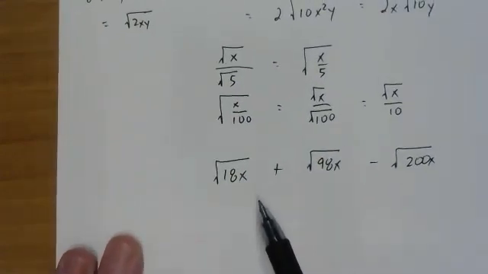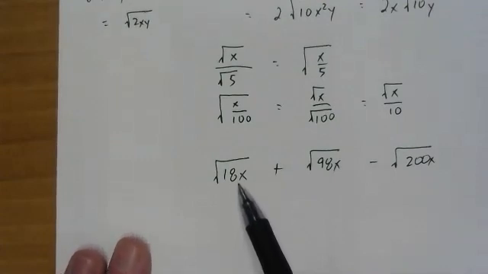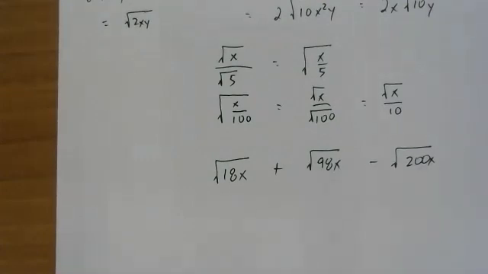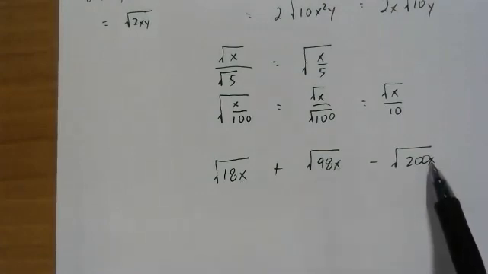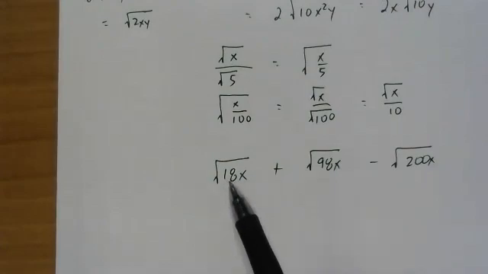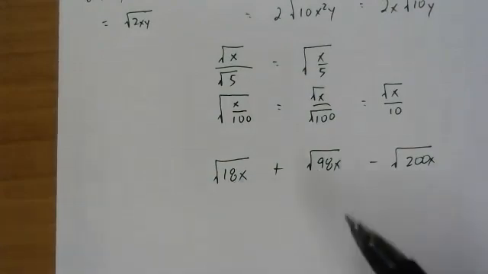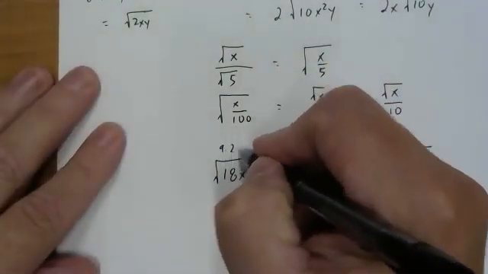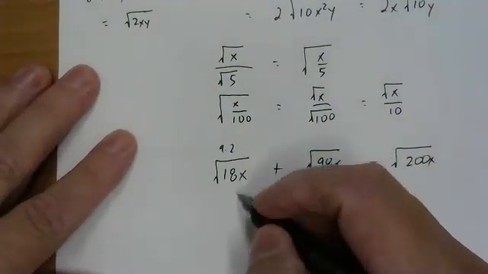Down here, 3 terms, square roots. At first glance, none of them are identical, but I need to simplify. Now in this case, nothing to do with the x, but I can simplify the numbers. For instance, 18 is 9 times 2.